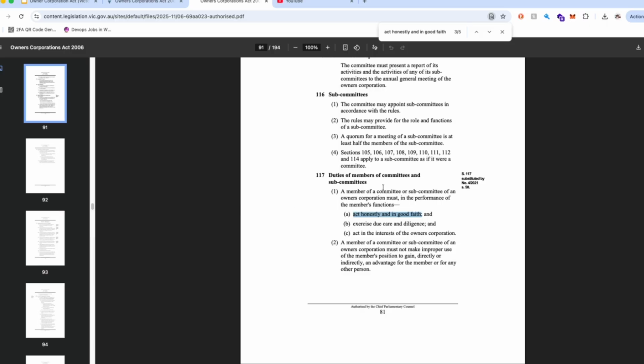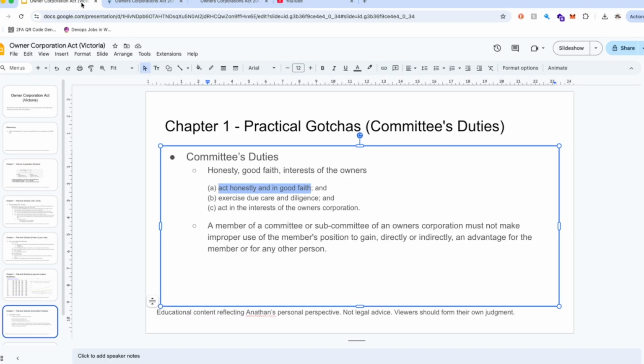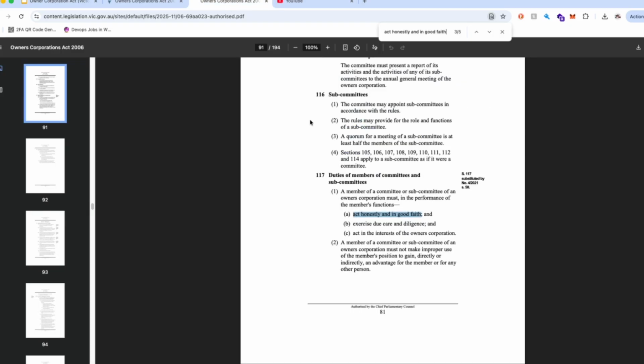All right, duties of committee and subcommittees. So you can see what is presented here.